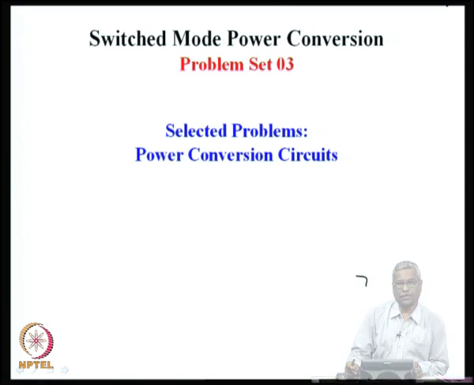With these ideal conditions, we developed the principle of volt second balance on inductors and charge balance on capacitors, and using these basic principles under ideal operating conditions, we found out how these power conversion circuits were performing.